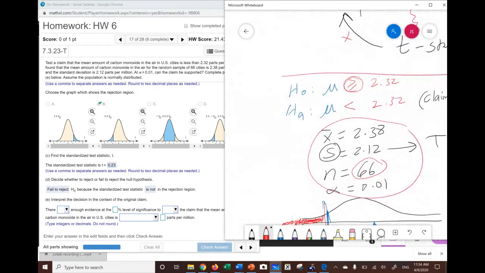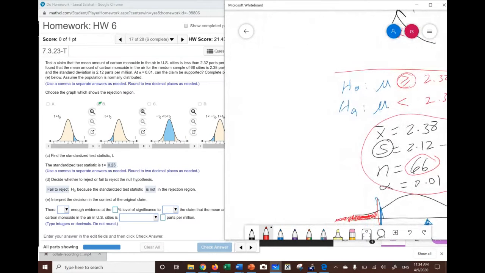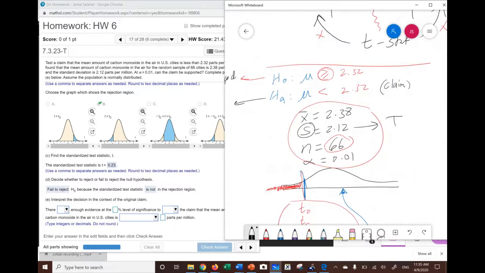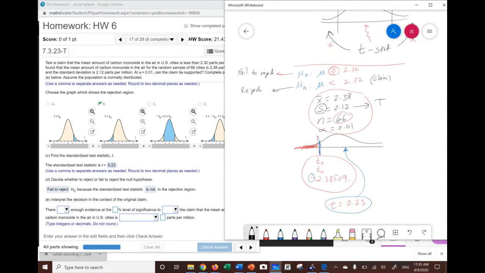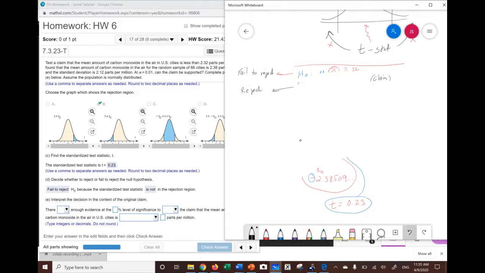Here's our problem. I need to write a few things in here. Now, we took a decision here to not reject, in other words, fail to reject H naught. Automatically, the opposite will happen to HA. HA will be rejected. So reject HA.